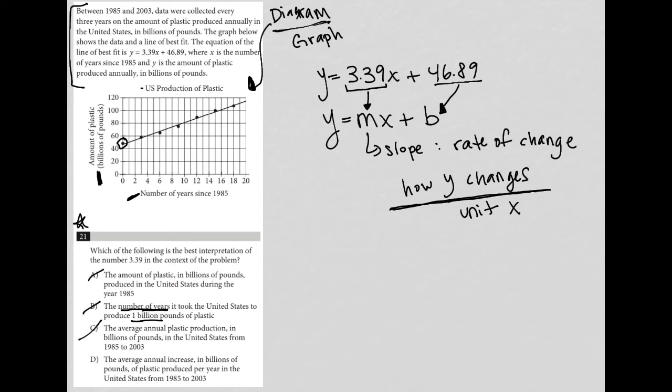Choice D, the average annual increase in billions of pounds of plastic produced per year in the United States from 1985 to 2003. So that's a much better answer, because then that gets me like, how is this changing? So this annual increase part is not just saying what's the average of the production, it's what's the average increase of that production.